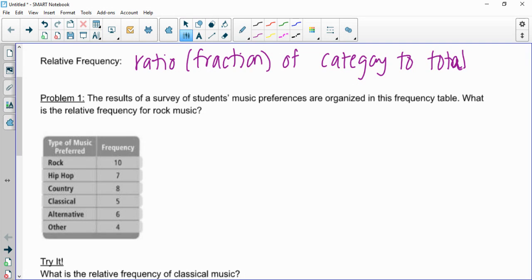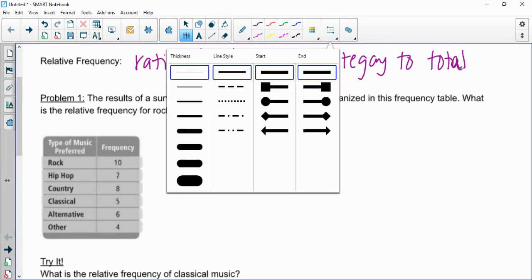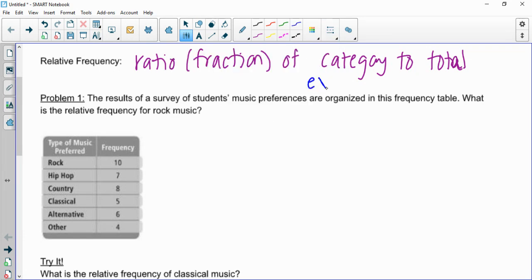A lot of times people make these tables based on a survey they did, so this is related to experimental probability that you learned about in a previous video. It's just looking at a table and writing a ratio of a category to the total.